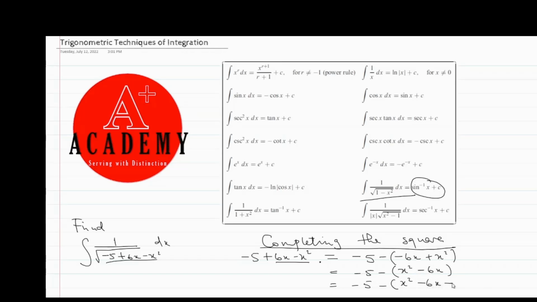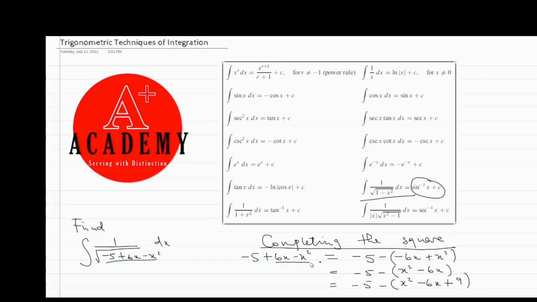So half of -6 is -3. When we square that, we get 9. But if you look at this closely, we are actually subtracting a 9 because we have a negative outside that will multiply here. So we are subtracting a 9.